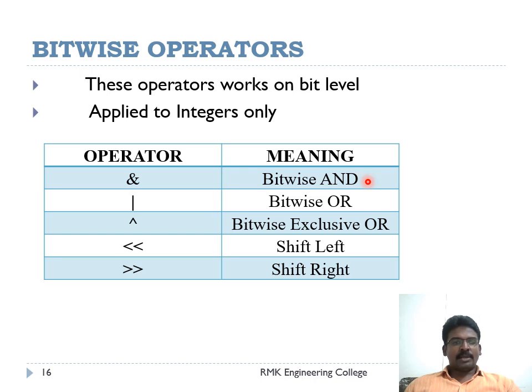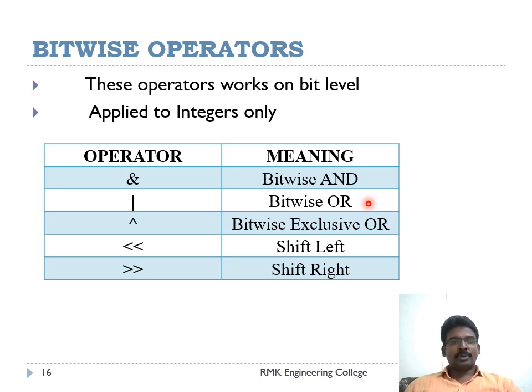This bitwise AND compares two binary digits, and if both are 1, then it returns 1 as the output. If any one of the binary values is 0, then it returns 0. Both digits have to be 1, that is both have to be true, then only will the AND operator return true as the result. Opposite to the AND operator, in OR if any one of the binary values is 1, then the result will be 1.